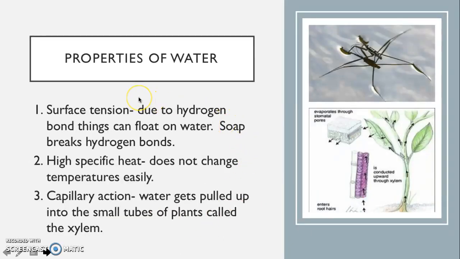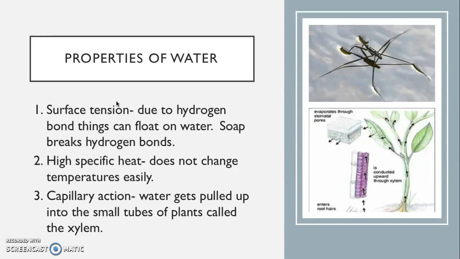Now let's take a look at some properties of water that hopefully we observed within our lab. The first one is surface tension. A lot of people said surface tension when we looked at the properties of water. We had to write our own.